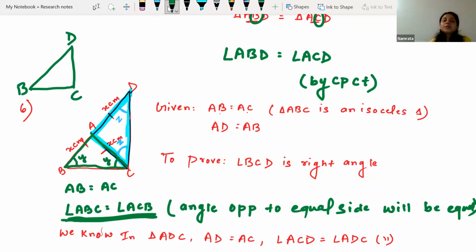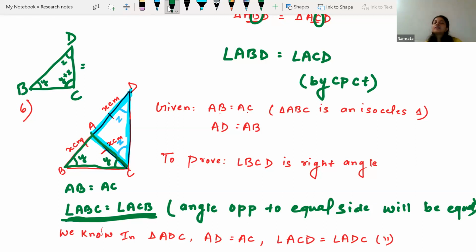If we talk about this triangle, then angle sum property of a triangle says the sum of all the interior angles will be 180 degrees, right? This total angle is y plus z. This angle is y only and this angle is z only. You can match it over here. z and y are nothing but variables.